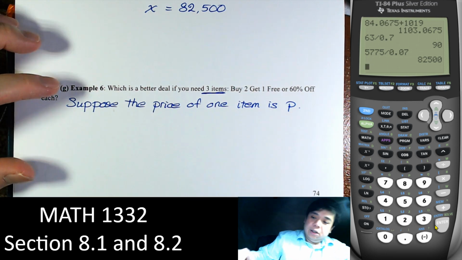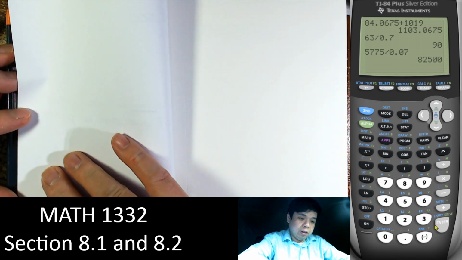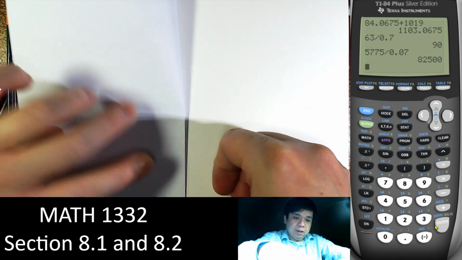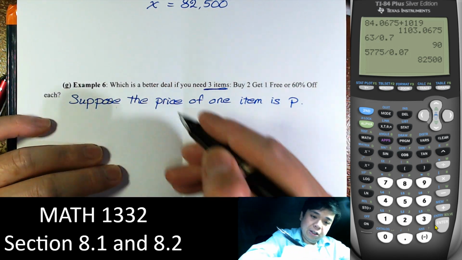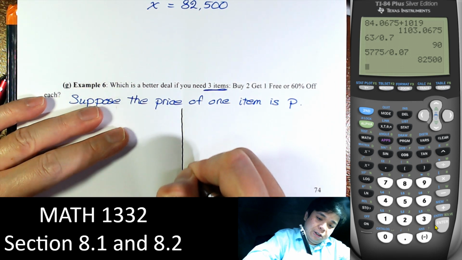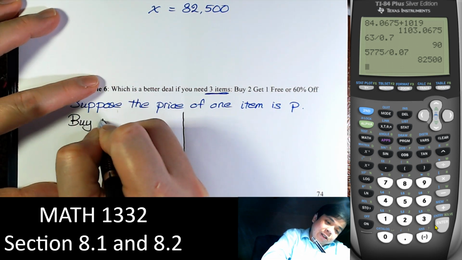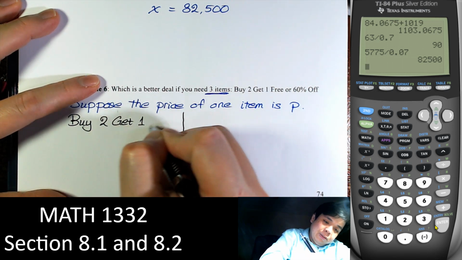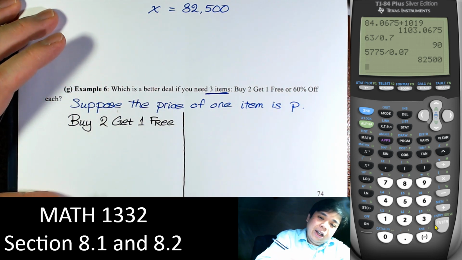So there are 2 types of deal here. Buy 2 get 1 free. And then 60% off.